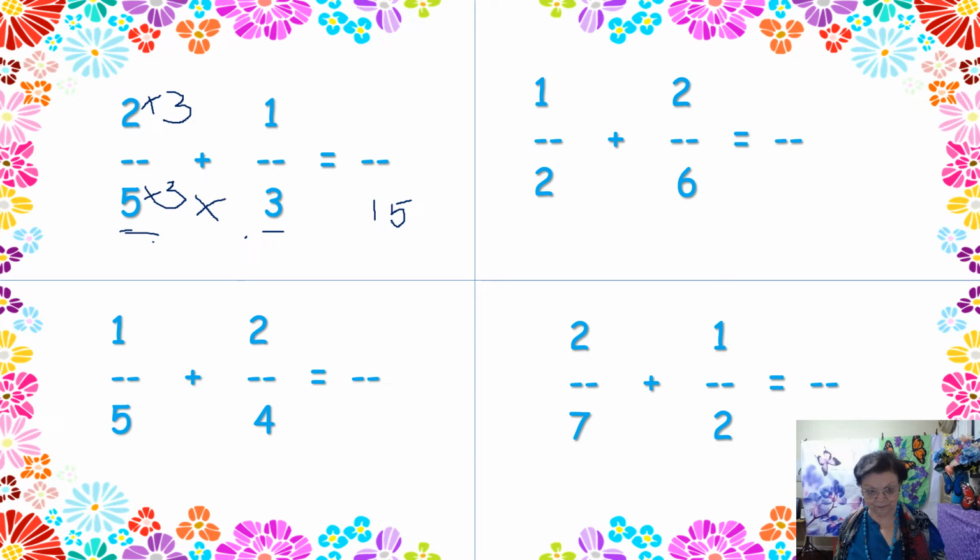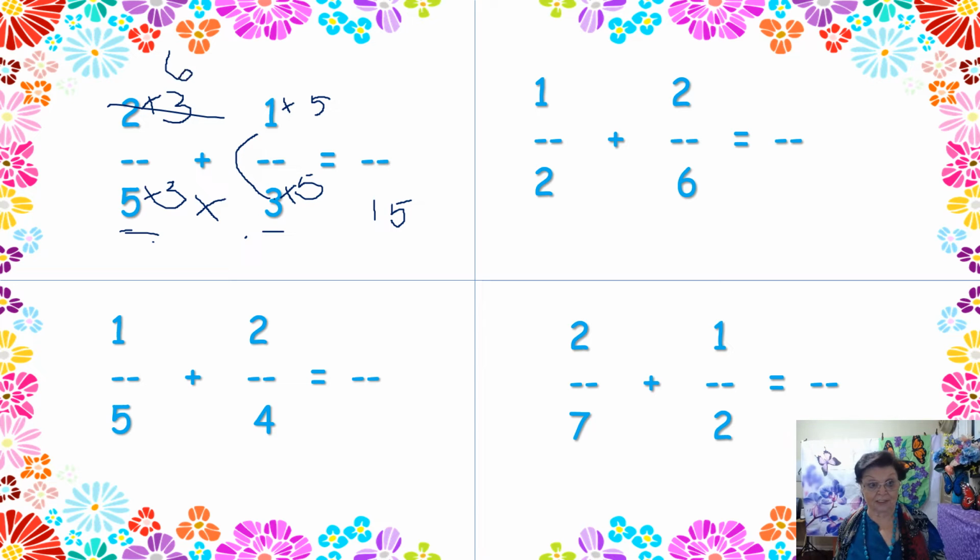This one, I multiplied 3 times 5, so I have to multiply 1 times 5. 2 times 3 is 6.